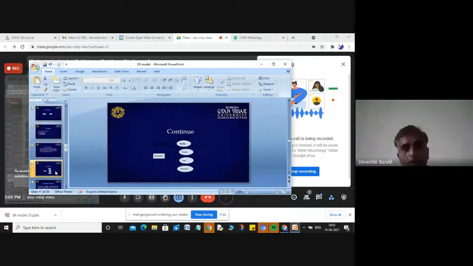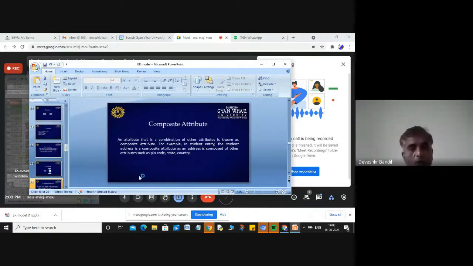You can see in my given diagram, student is the entity, and roll number, name, age, and address are all attributes of student, and through the roll number you can identify the student.